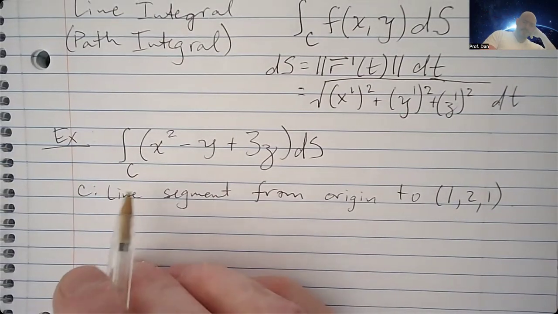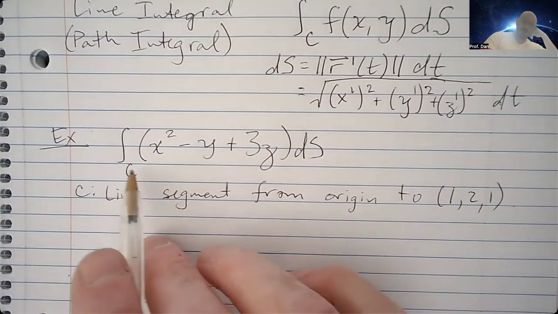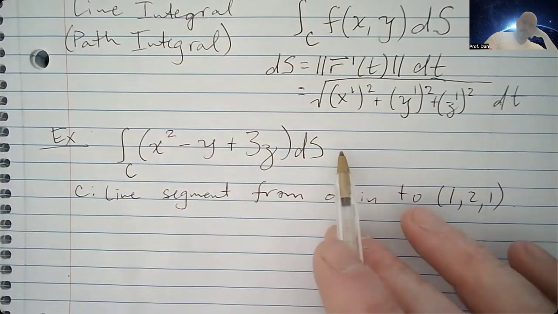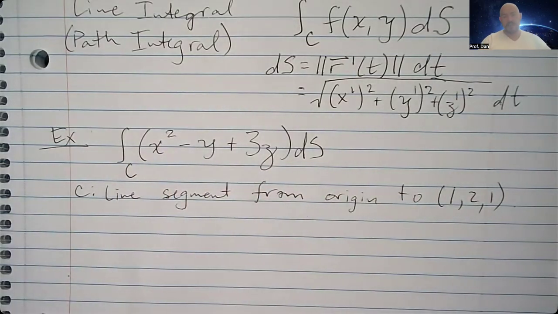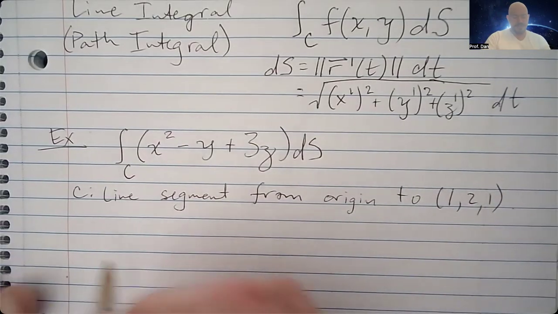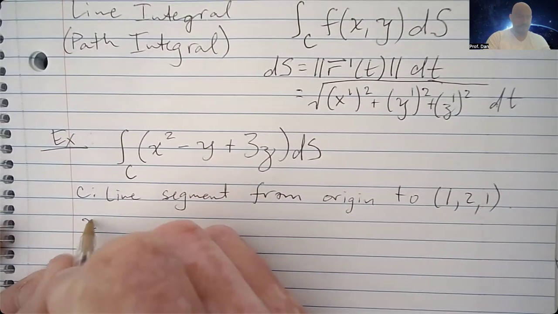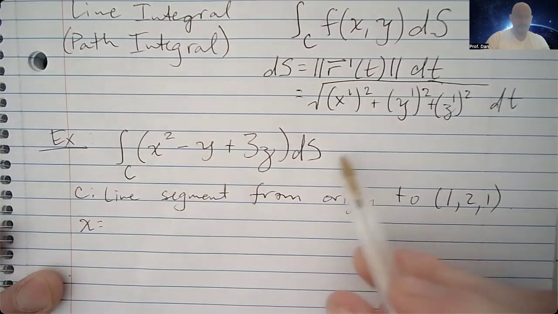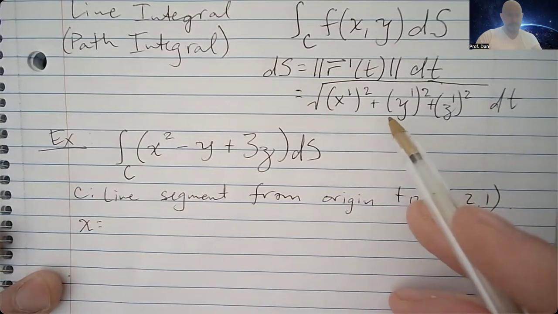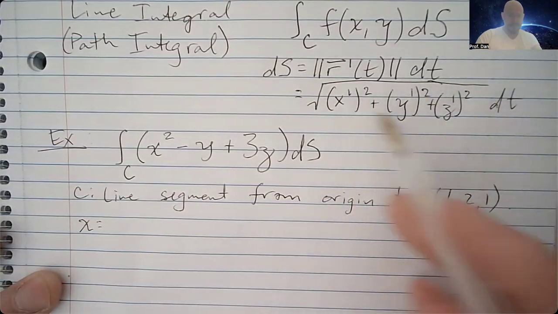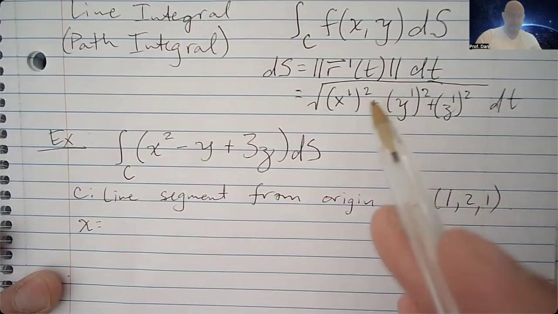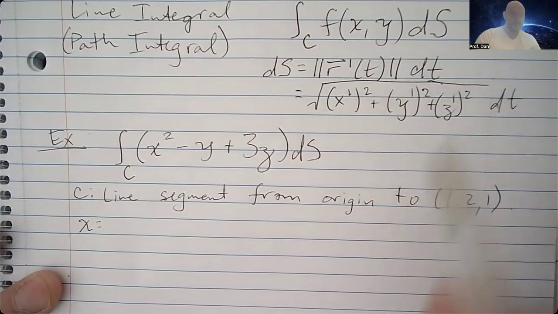So key thing for this is being able to transform what you see in front of you right here into definite integrals that you know how to evaluate. The first step for that is going to be writing out parametric equations because we know how to write ds in terms of this guy, right? But we have to have parametric equations for x, y, and z.